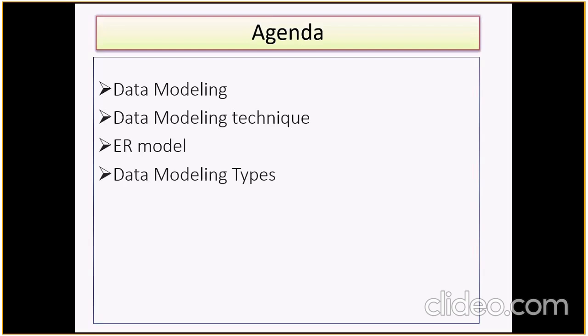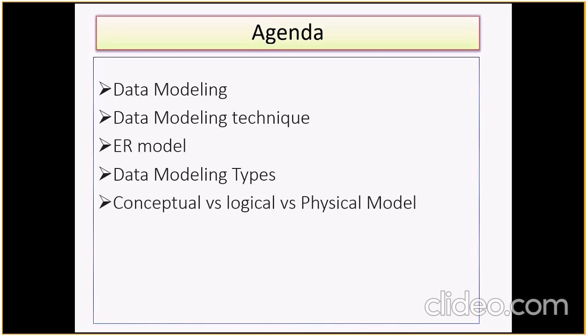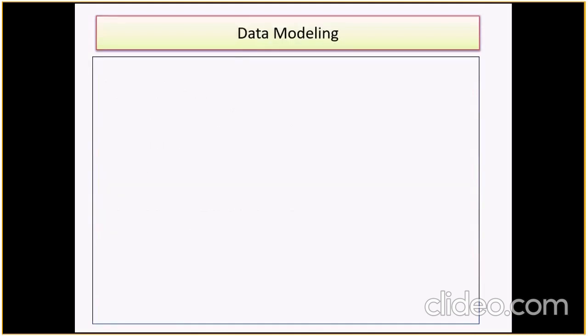Then data modeling types: conceptual, logical, and physical, and their differences. And why not ER model? I mean, why are we not using the ER model in data warehousing? The ER model has been used in OLTP, but not in the data warehouse. So why? We'll see later. Okay, let's start with data modeling.